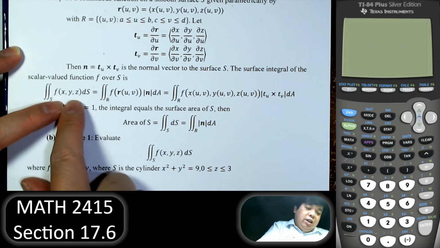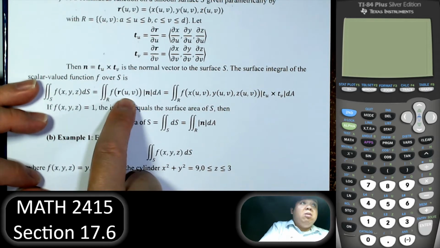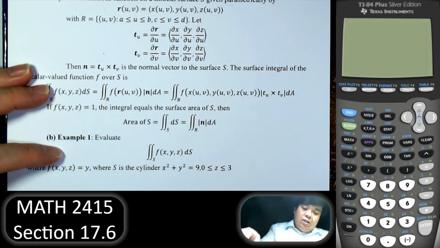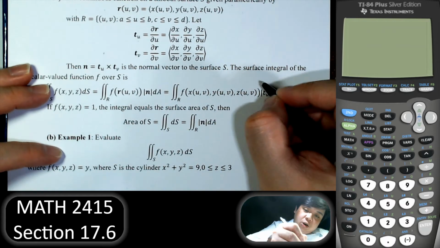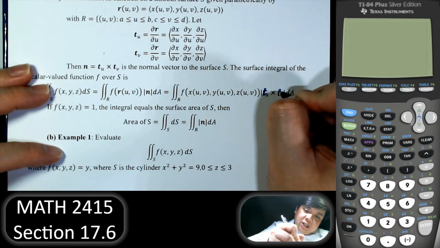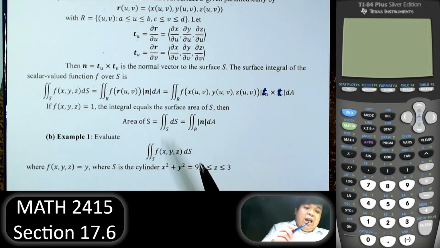So as you see, first we write that function in terms of u and v, and then multiply by the magnitude of the normal vector. The normal vector is the cross product, sorry, that should be the vector t u cross t v, and we're just going to integrate that over the region in x and y.